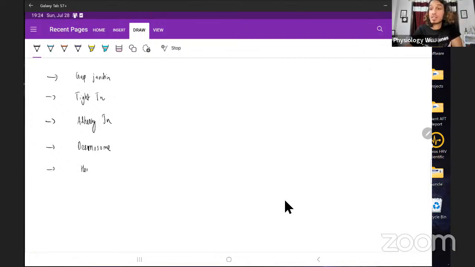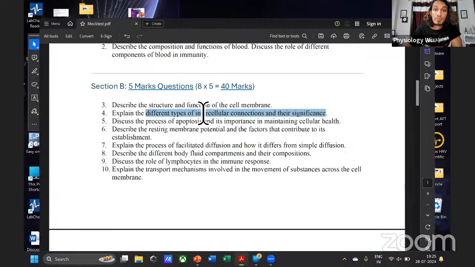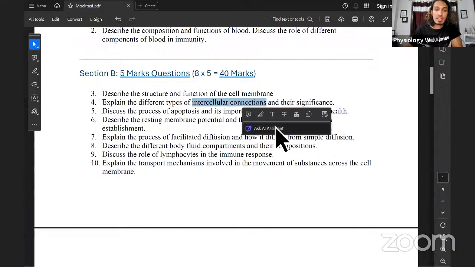Actually, the question was specifically intercellular connection. So the remaining two things, hemidesmosomes and focal adhesions, you don't have to talk about.